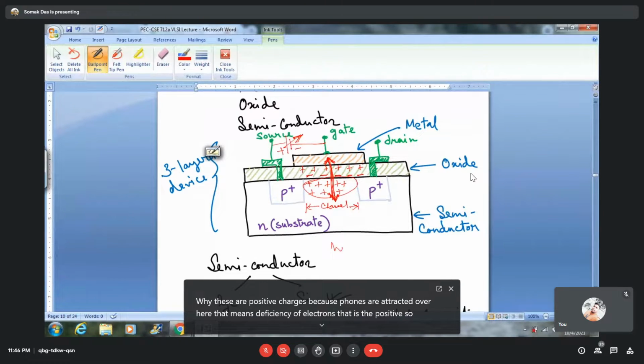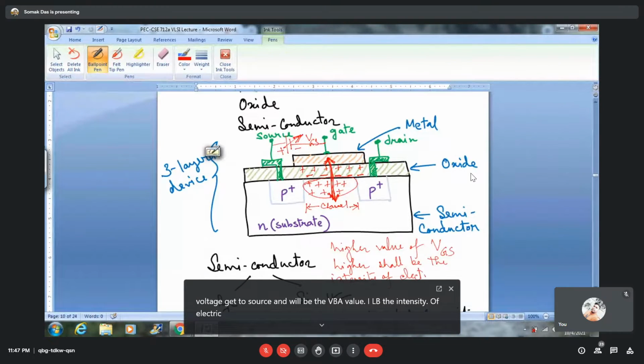So higher value of VGS. Which is VGS? This potential is called VGS potential, voltage gate to source. Higher will be the VGS value, higher shall be the intensity of electric field.